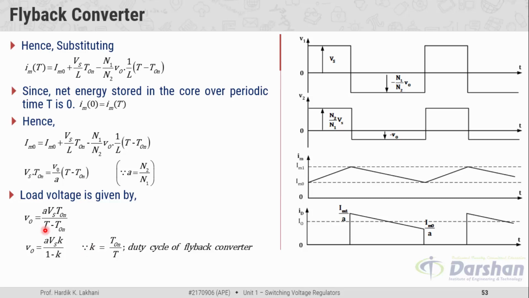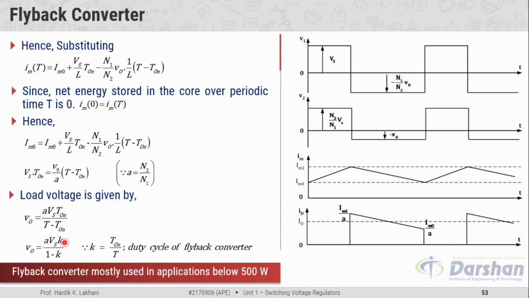Here when we divide the denominator by T, T divided by T is equal to 1, and T on divided by T is equal to K, which is again the duty cycle of the flyback converter. So output voltage depends on the turns ratio as well as the magnitude of the duty ratio in the flyback converter. And the flyback converter is mostly used in applications below 500 watts.